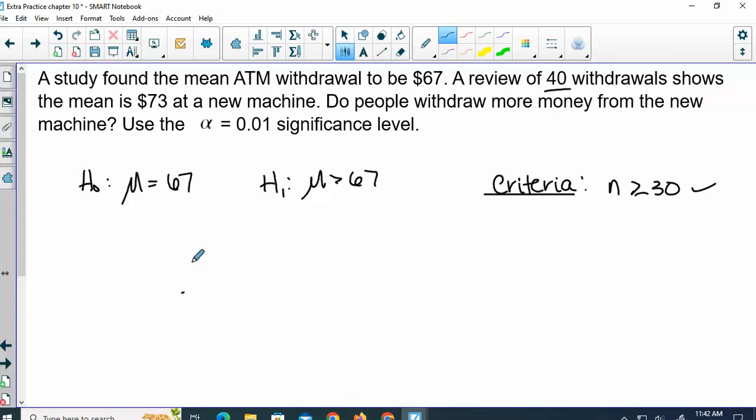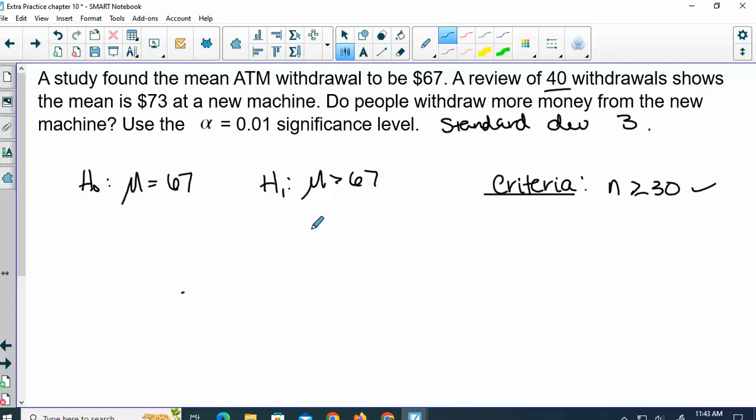Let's say the standard deviation was 3. My number is 40, and we are testing greater than. Ooh, that's too ugly.